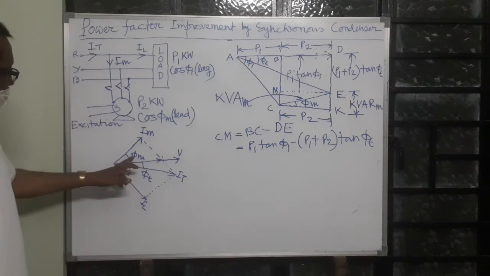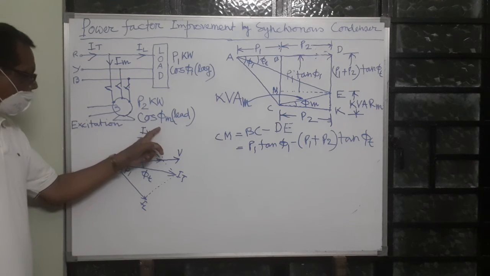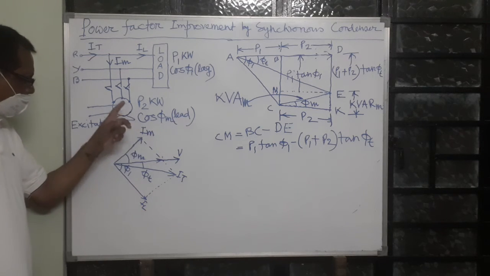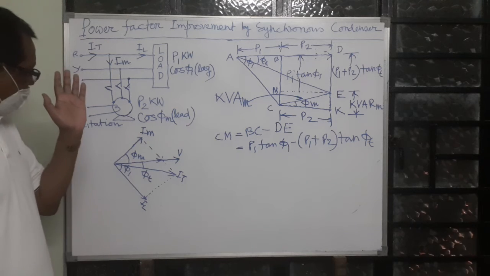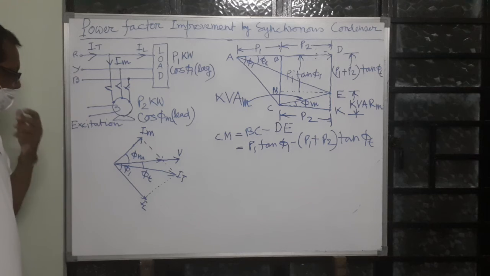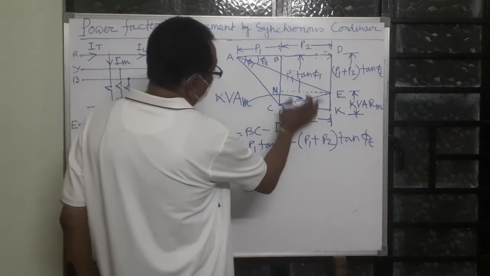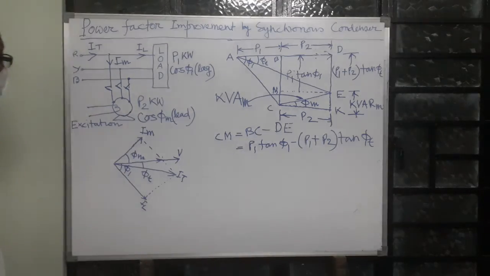This phi m means the power factor of the synchronous machine at which it operates. It is always leading. So what is the magnitude of the leading? We can solve by this. The leading power factor is supplied by the synchronous machine.